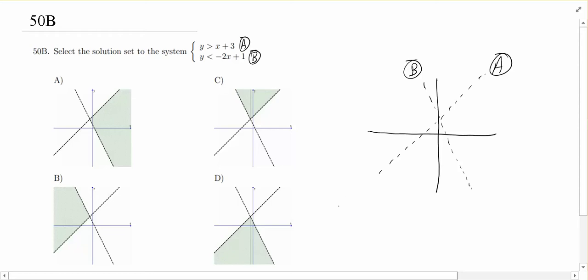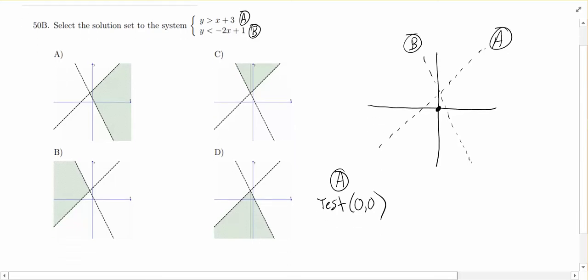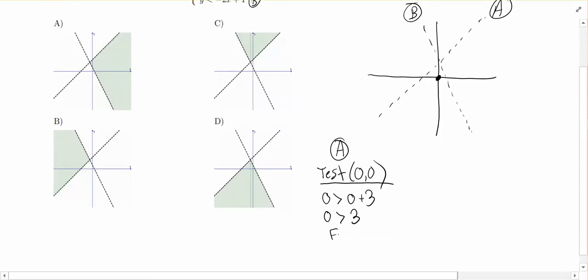So if I'm looking at line A, I want to test the origin, this point here, to see which side should be shaded. So if I look at inequality A, I have 0 is greater than 0 plus 3, or 0 is bigger than 3, which is false.